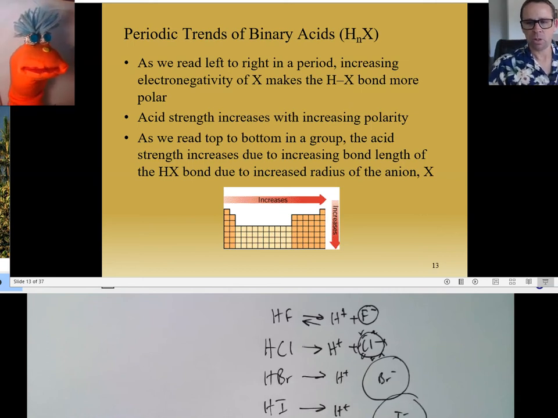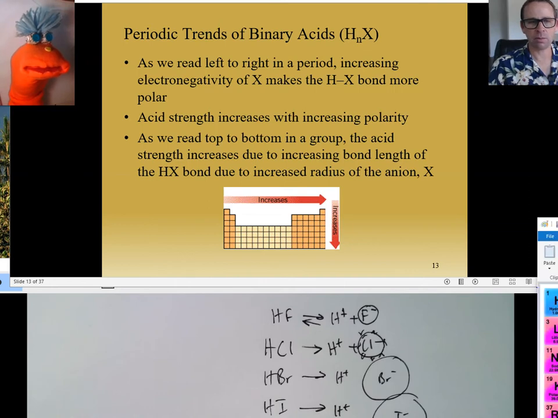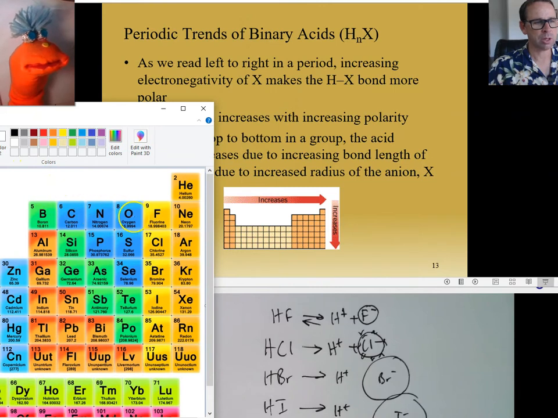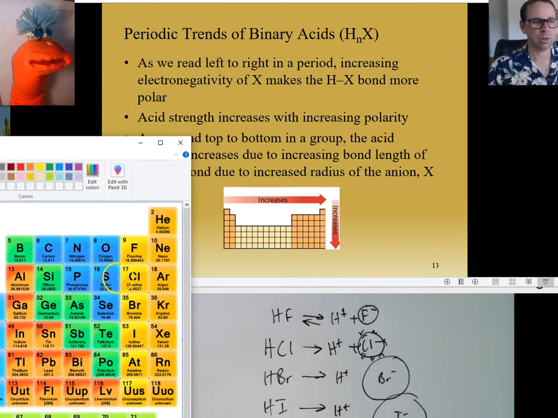Okay, so as you go across to the right, increasing electronegativity increases the strength of the acid. Fluorine likes to pull electron density toward itself, so HF, because of that, is stronger than the dissociation of water, for example, H2O. H2O can dissociate.